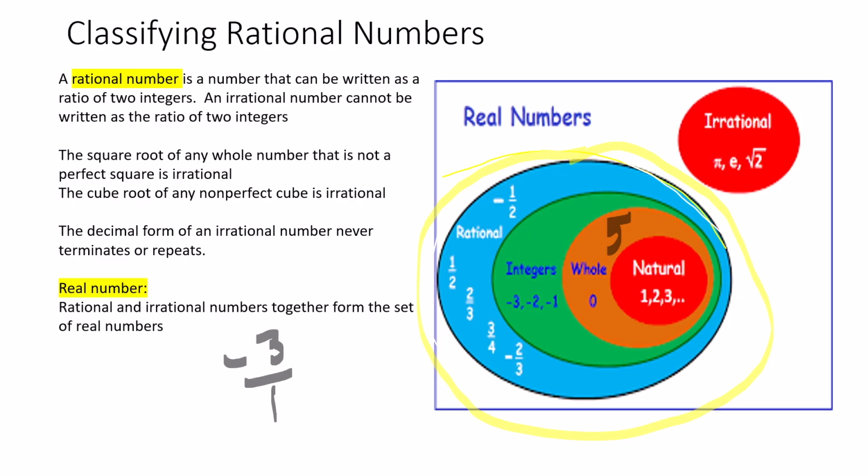And then we can get even more specific and we can talk about natural numbers. Now, the only difference between whole numbers and natural numbers is that natural numbers are what we naturally use to count. So think back to when you were 3, 4 years old, maybe 2 years old, and you were learning how to count. When you are naturally learning how to count, you start with the number 1. 1, 2, 3, right?